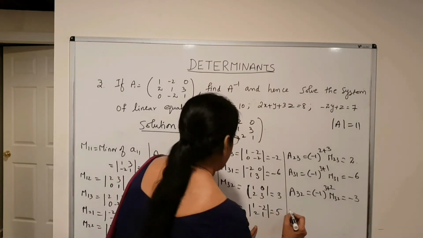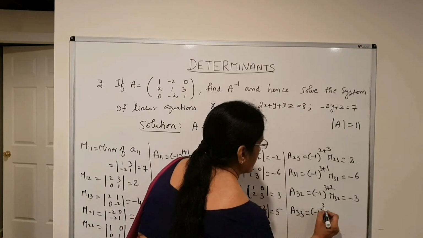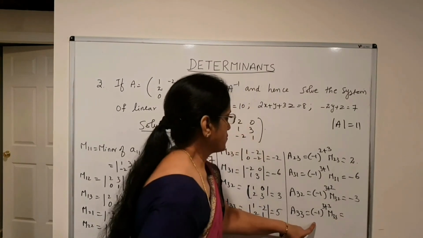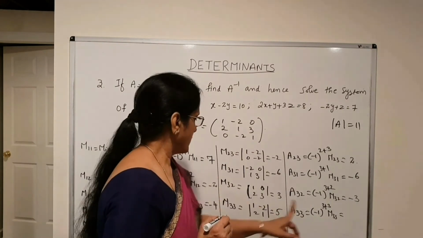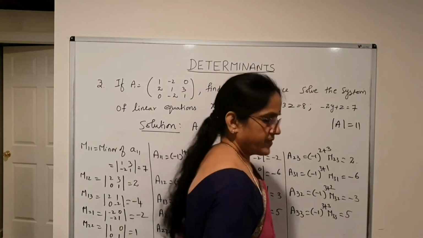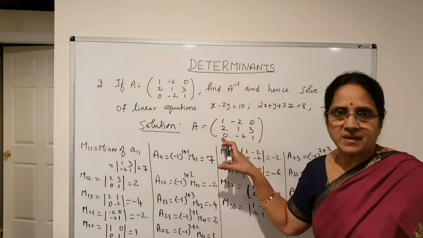Now the corresponding cofactor will be minus 1 to the power 3 plus 3 into M33. Minus 1 to the power i plus j, i is 3, j is 3. So 1 into M33. M33 is 5, which is 5. Now I got the cofactors of all the elements of the given matrix A.